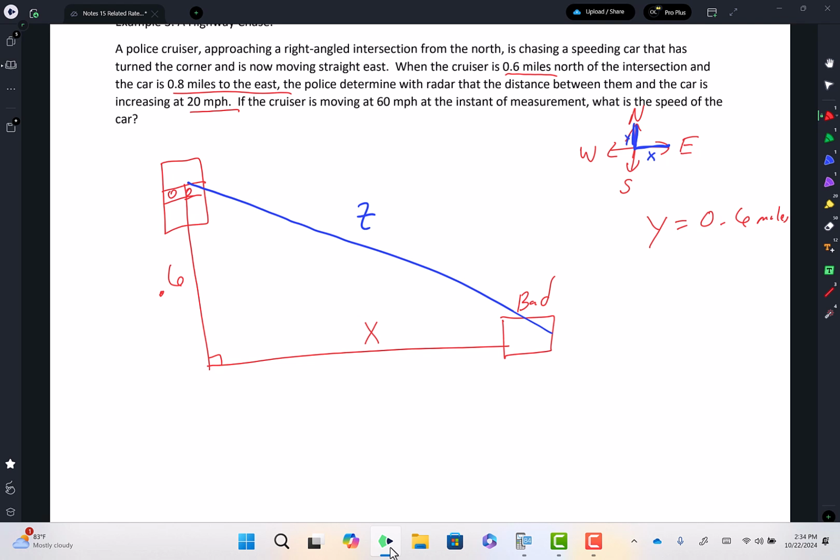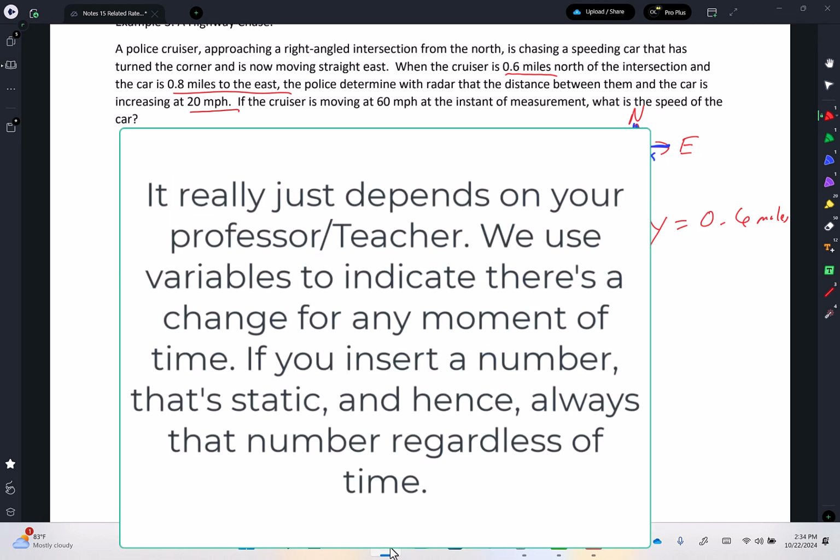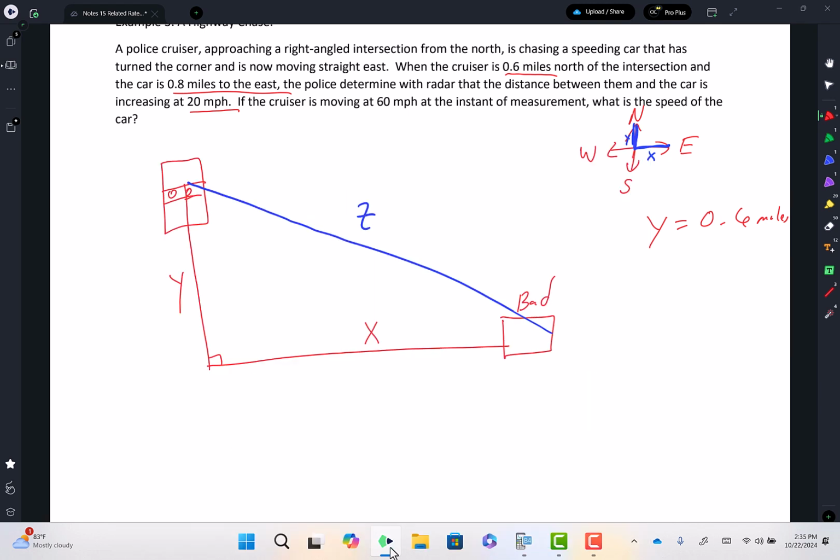So if you do that in physics, your professor will probably frown and count it wrong. If you do it in math class, they'll count it wrong. Well, it depends. Maybe the professor's cool and he'll be like, we don't care. You need to put a variable y because y is changing. It's not 0.6 forever. It's just 0.6 at a moment. Does that make sense?